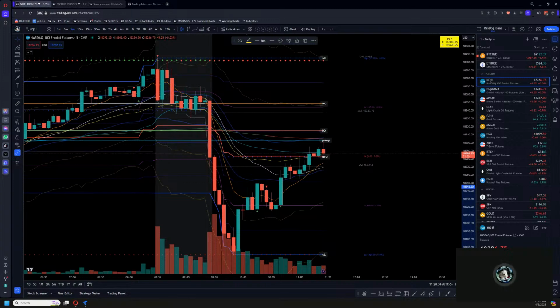The VWAP is still holding over here. We haven't had a really conclusive close above it, so that's something to consider. It could be a little dumpy. I think we just had the 200 on C1, or we came close to testing it.